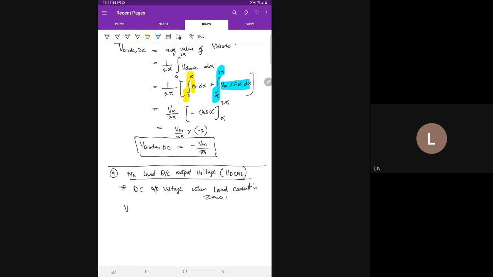So VDC no load is the parameter which measures the DC voltage of the half-wave rectifier provided there is no load current, that is IDC is equal to 0, or I can also say provided RL is equal to infinity.